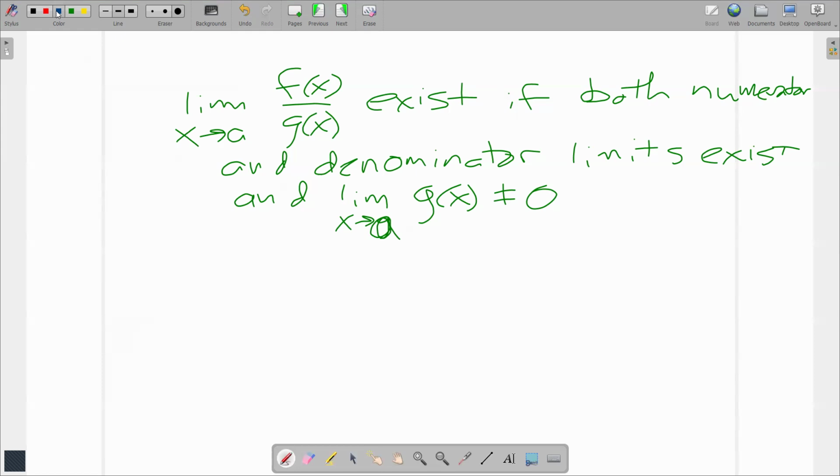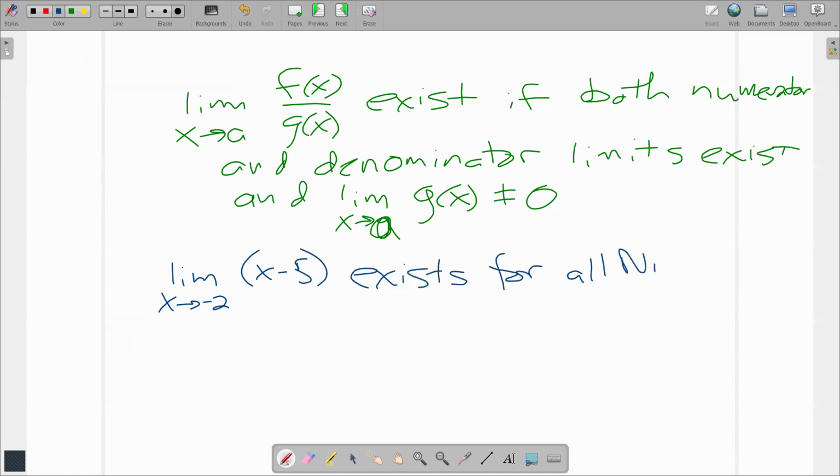So for this function, I could write something like the limit as x goes to -2 of x minus 5 exists for all numbers.